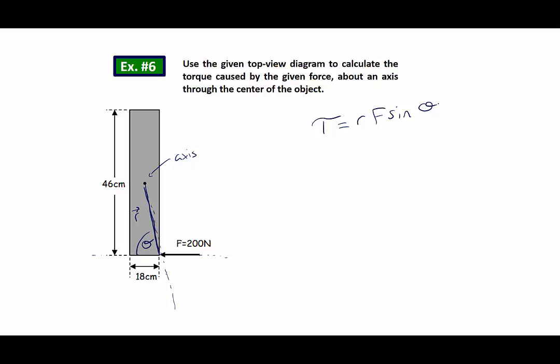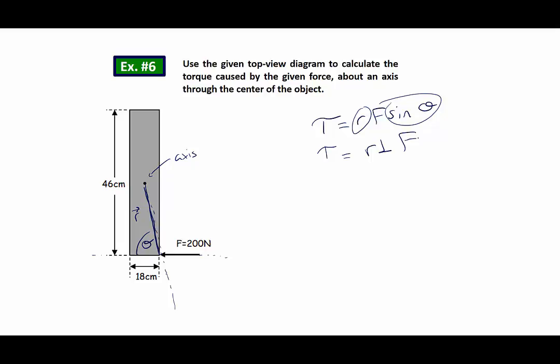Let's see if there's another way we could solve the problem. I remember that R sine theta, right next to it on my equation sheet, is just the perpendicular component of the radius. That's all that represented. So if I know the lever arm, or R perpendicular, I can multiply that by that 200 newtons and go from there.